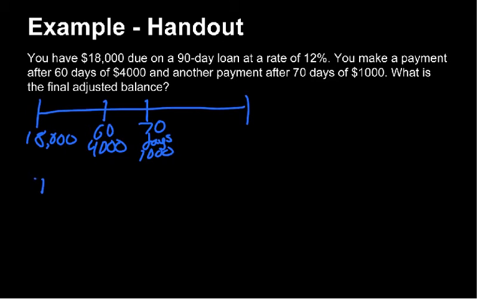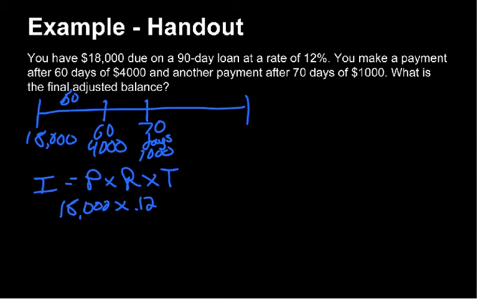So again, if I figure out my interest for the first part of this, which is the 60 days, interest equals principal times rate times time, or 18,000 times the rate, which is 12%, 0.12 as a decimal, times the time, which is 60 out of 360. When I multiply all that out, I end up with $360.